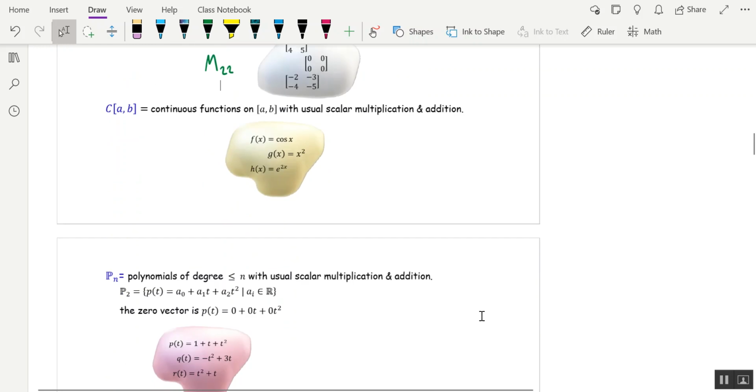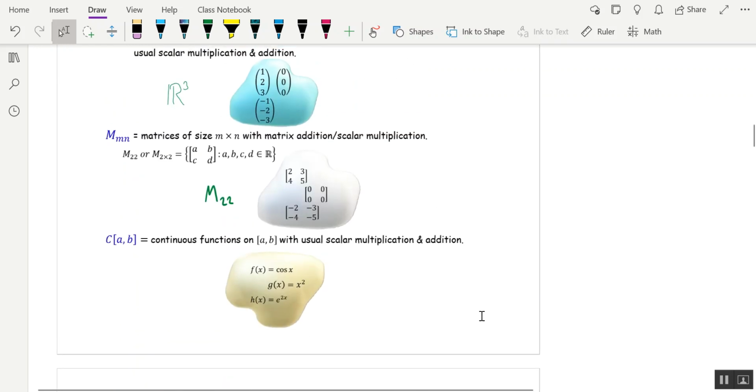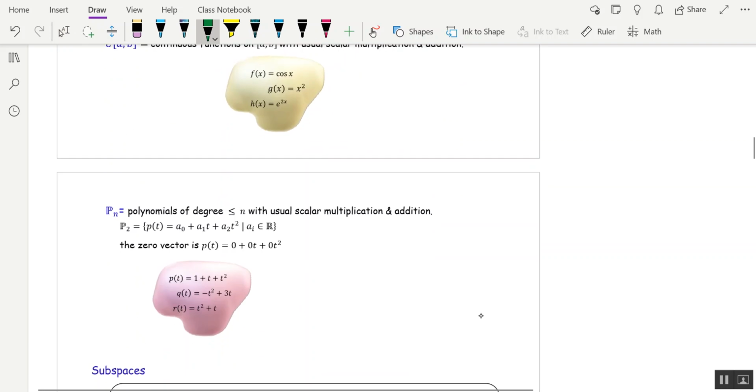Finally, the big examples we're going to be working with are Rn, M22, and Pn, which is polynomials of degree less than or equal to n. Those form a vector space. Here's a picture of P2. The 2 goes at the bottom, whereas with Rn, the n goes at the top.